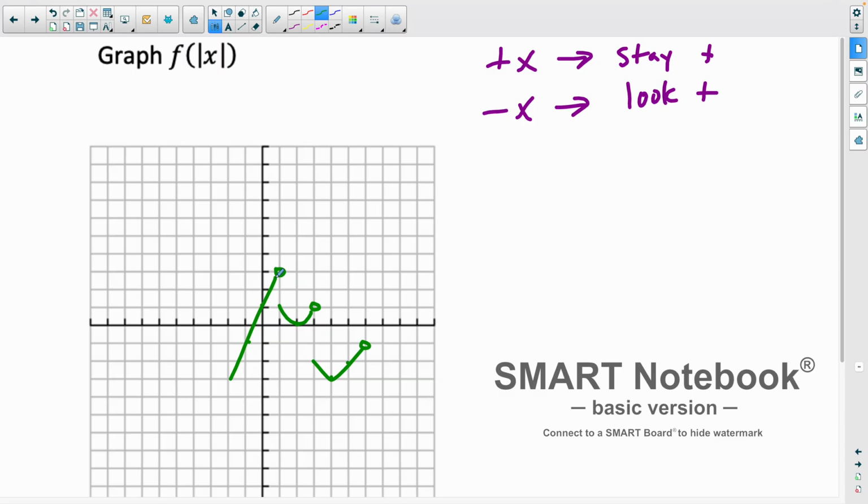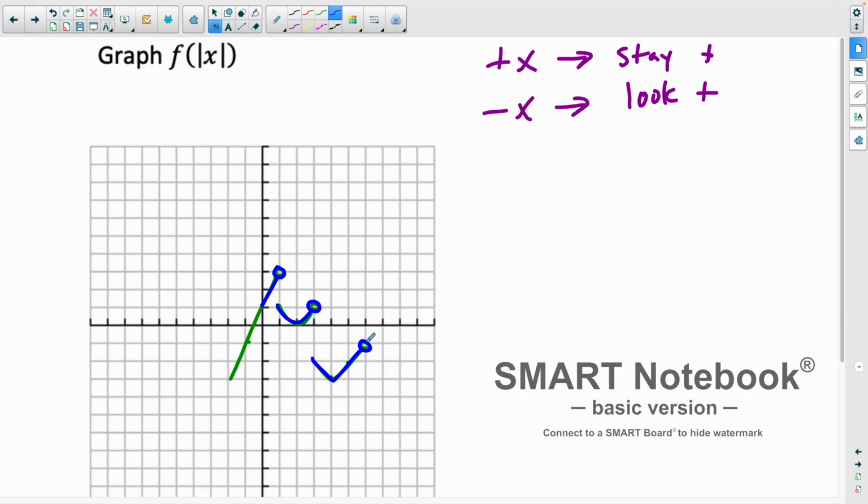Now, if I'm going to take the absolute value of positive x's, what's going to happen with all the positive x's? They're going to stay the same. Where are my positive x's on this graph? On the right. Past the y-axis on the right. So this is going to stay the same. This is going to stay the same. This is going to stay the same. Okay? Everybody okay with that?